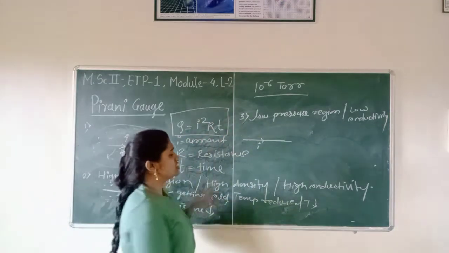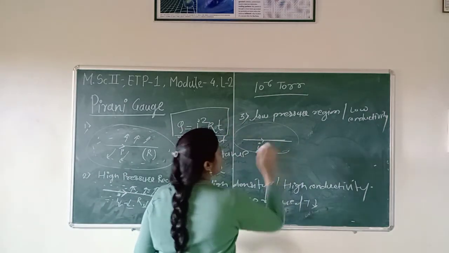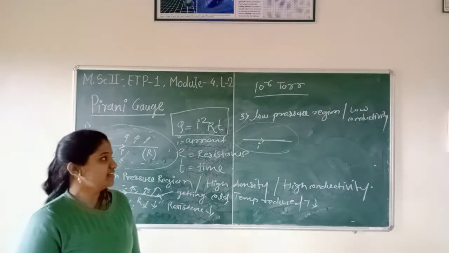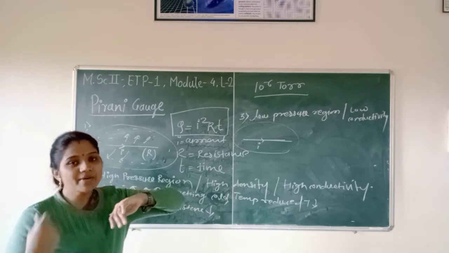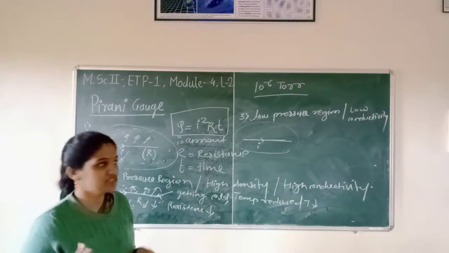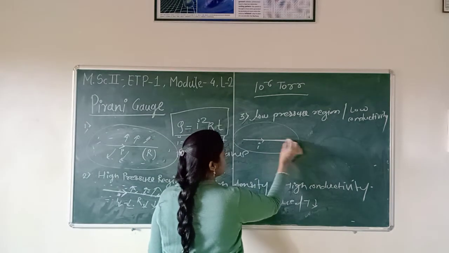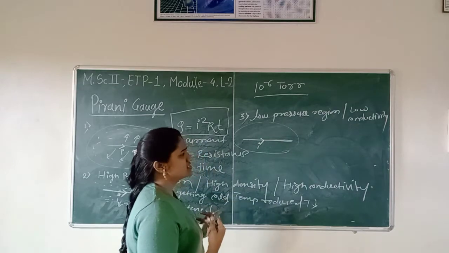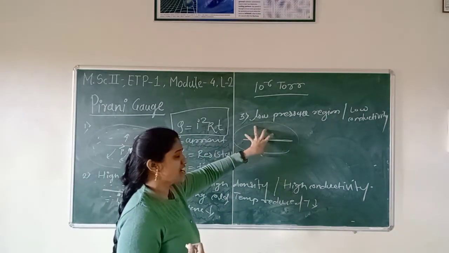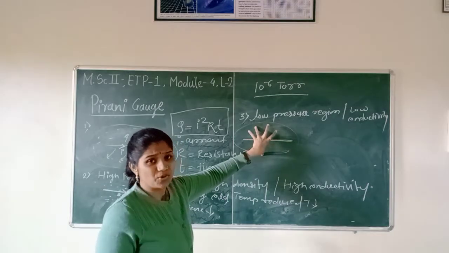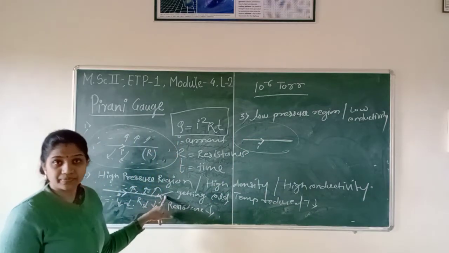And as low pressure surrounds that wire, there is a low number of particles present in that atmosphere, and due to that the temperature reduction is very slow, or the conductivity of heat to that atmosphere is very low as compared to this one.